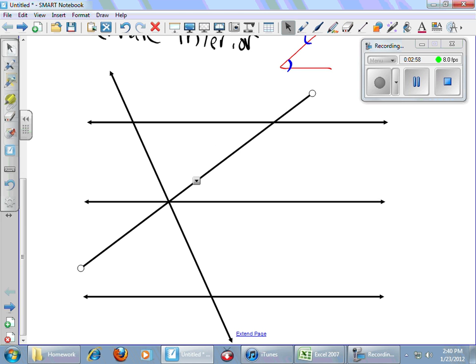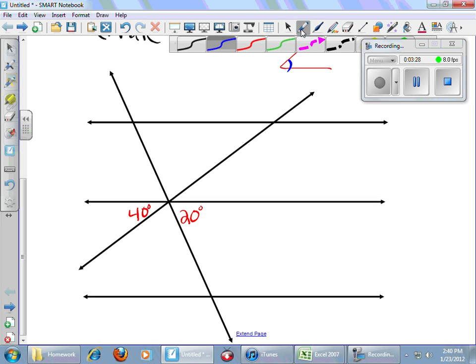I'm going to tell you that this angle here is going to be 20 degrees. This angle here is going to be 40 degrees. And we're going to see if you can figure out all the other angles. Now, if we get stuck, we'll give a hint as to another one. But see what you can do here. All right, go ahead and pause the video and see what you can fill out.